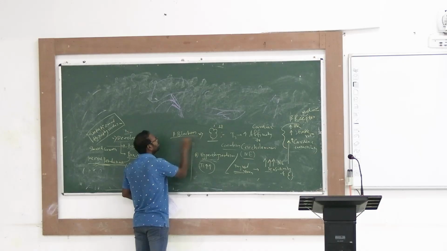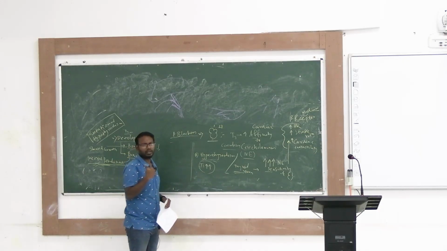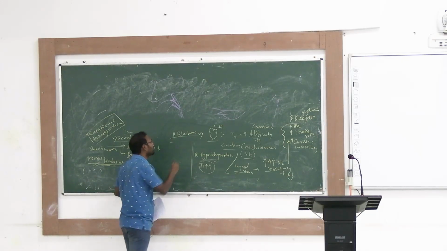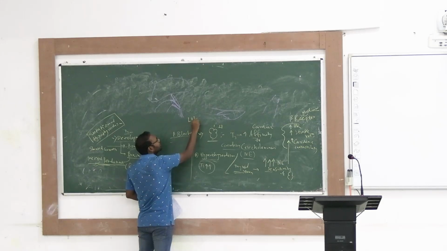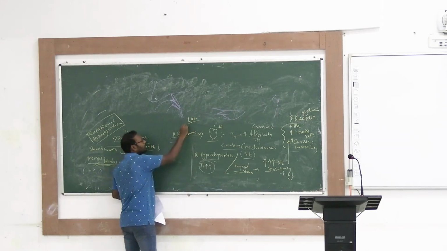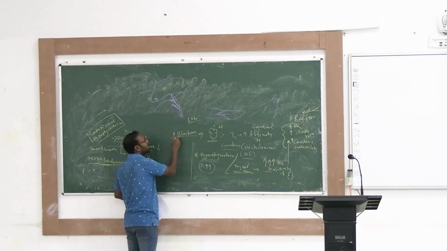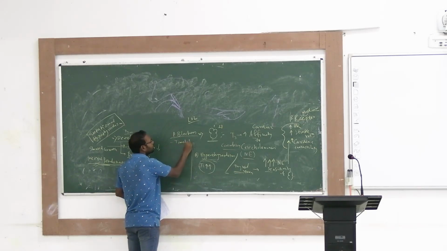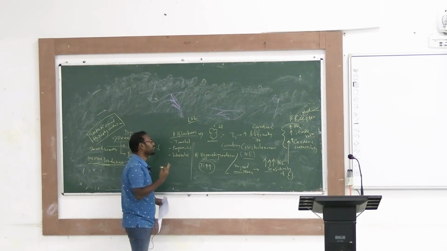Beta blockers typically include drugs whose names end with -lol. This is how they end, okay? The drugs ending with -lol are beta blockers, like timolol, propranolol, labetalol. Some of you might have heard of these drugs if your parents are hypertensive and taking them.